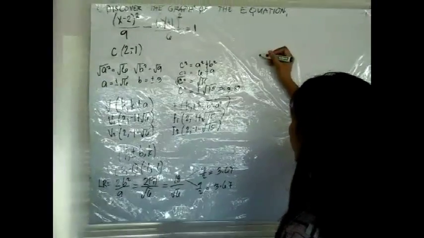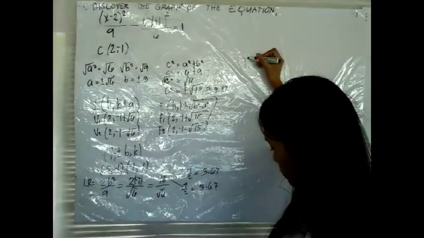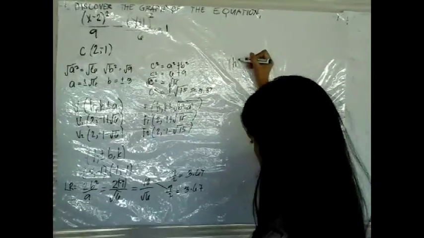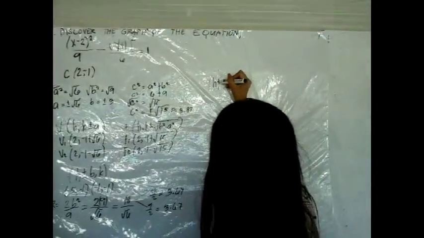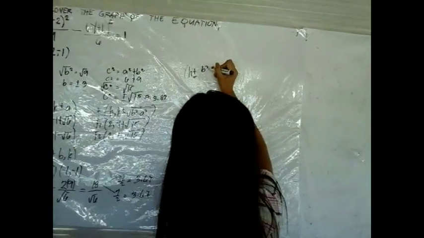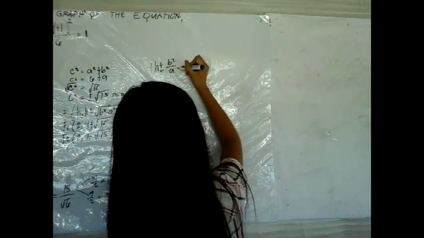The endpoints of our latus rectum, by having this formula, we have h, positive negative b squared over a, and c.